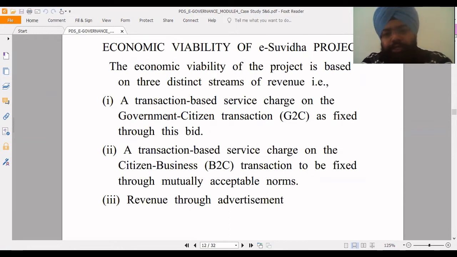The economic viability of the project is based on three distinct streams of revenue: a transaction-based service charge on the government-citizen transaction, that is G2C, as fixed through this bid; a transaction-based service charge on the citizen-business B2C transactions, to be fixed through mutually acceptable norms; and revenue through advertising.